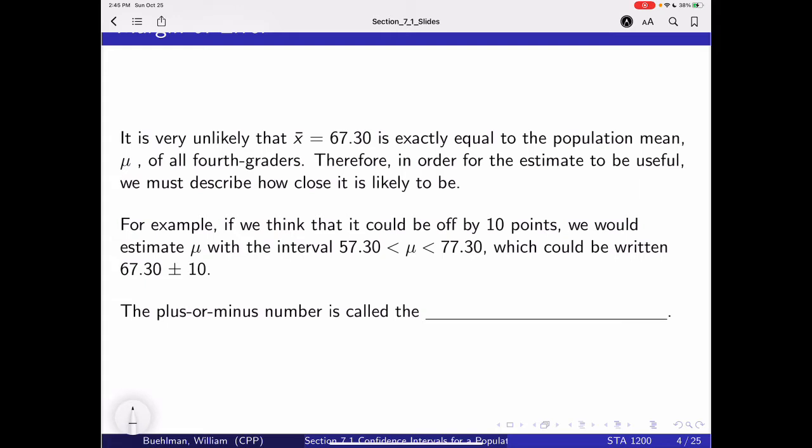For example, if we think that it could be off by just 10 points, we would write mu within the interval plus or minus that 10 points. So on the low end, we get 57.3 is less than mu, which is less than 77.3 on the high end, which could be written as 67.3 plus or minus 10, as I said earlier. The plus or minus number is called the margin of error.